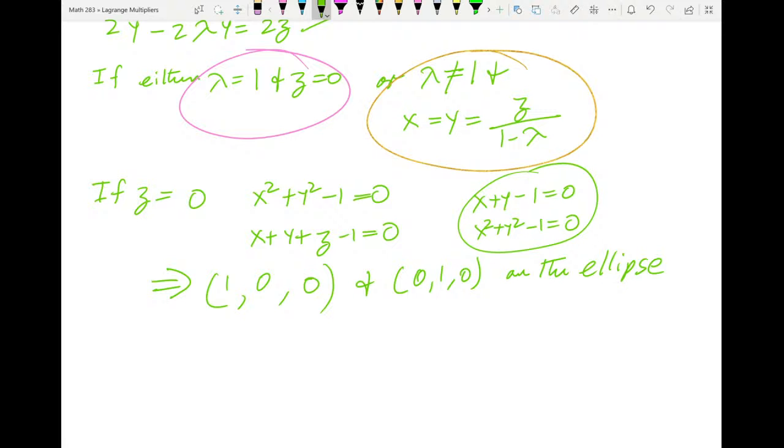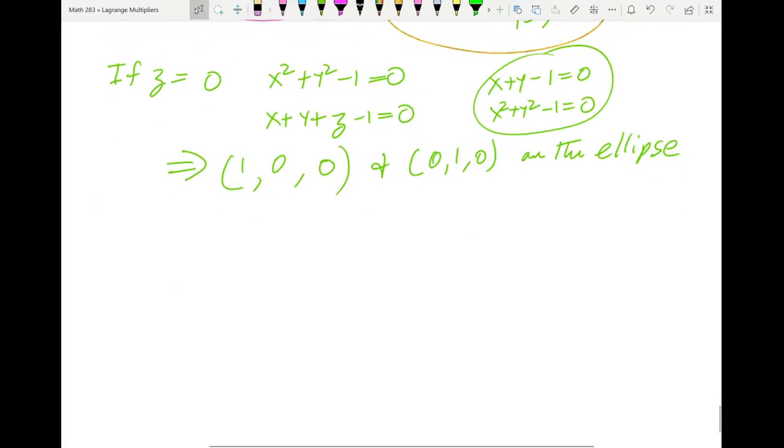From the system of linear equations, that's what happens. And then we want to pick the points that are on the ellipse. If it's not on the ellipse, we're not going to pick those points. Now, these are not that important because this is not going to help us.